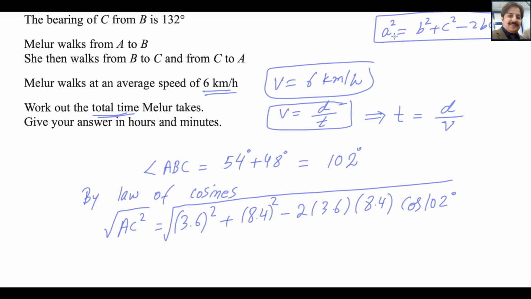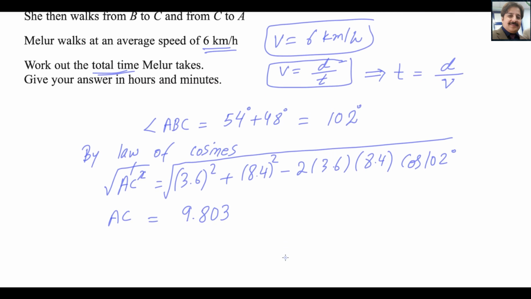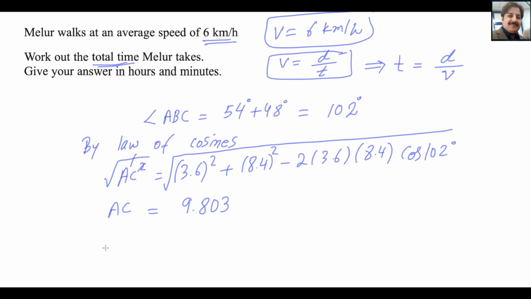Easy. Therefore, the square is cancelled out, and you can use the calculator directly. You can get the answer here by using the calculator. The answer is 9.803. There are more digits, but you can round off. So this is AC. Therefore, you can find the total distance.